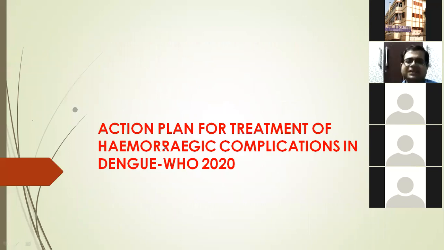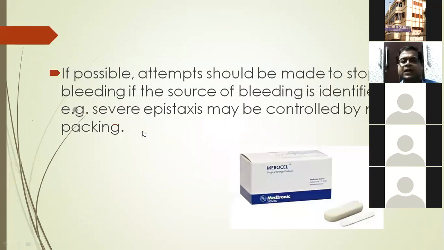So this is the action plan for treatment of hemorrhagic complications in dengue. So what should we do in this case? I am first telling the action plan, then I will tell what I usually prefer to do. Very much important, if possible, attempts should be made to stop bleeding. If the source of bleeding is identified, severe epistaxis may be controlled by nasal packing. Each and every time we usually stock some Merocel nasal packs.